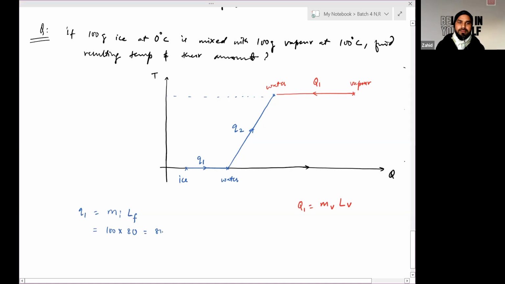So it will become 8,000 calorie. I think you all have got this particular part.